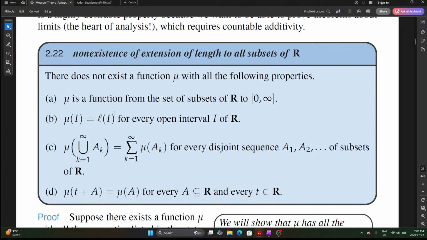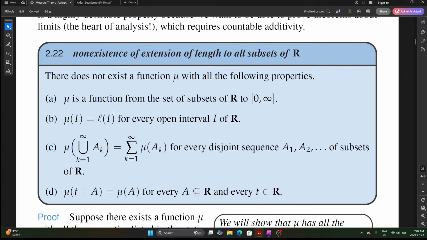In particular, one annoying feature of the outer measure is that it is not additive. Basically, there exist disjoint sets A and B such that the outer measure of A union B is not the sum of the outer measures of each set. That's an annoying feature.